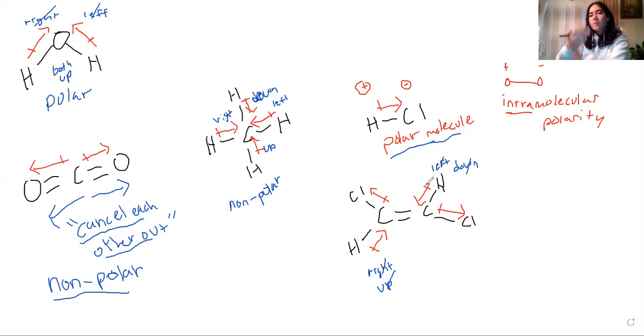So that's two ways to look at it. Here, there's no polarity between these carbons because they're the same atoms, so they share equally. And here we have the same thing, the diagonal forces canceling out, or you can just say to yourself, up left, down right. So this is actually nonpolar.